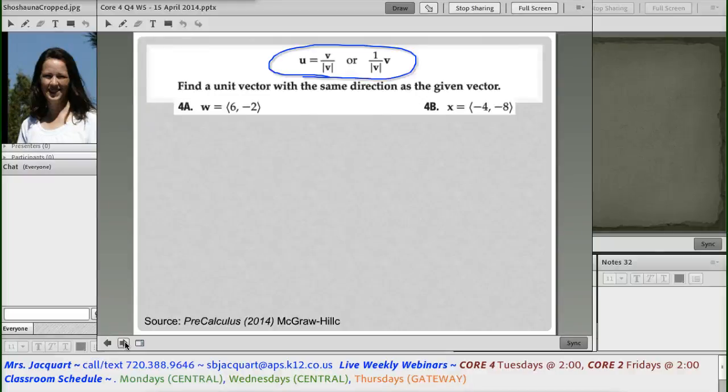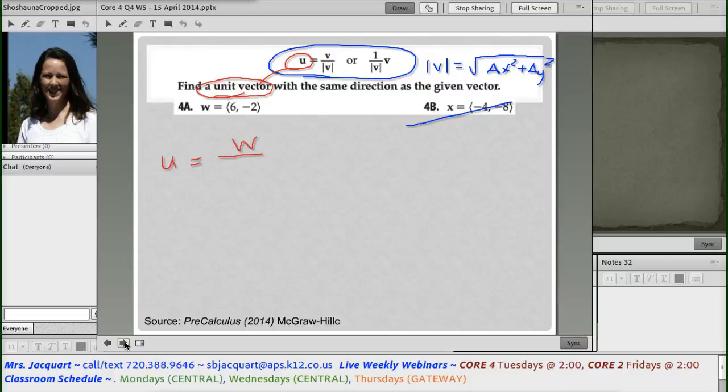Just do that. Remember that this equals the square root of change in x squared plus change in y squared. That x didn't turn out very good. So we're going to ignore that one. So let's look how to do this one. If we want to do the unit vector equals w divided by the magnitude of w.